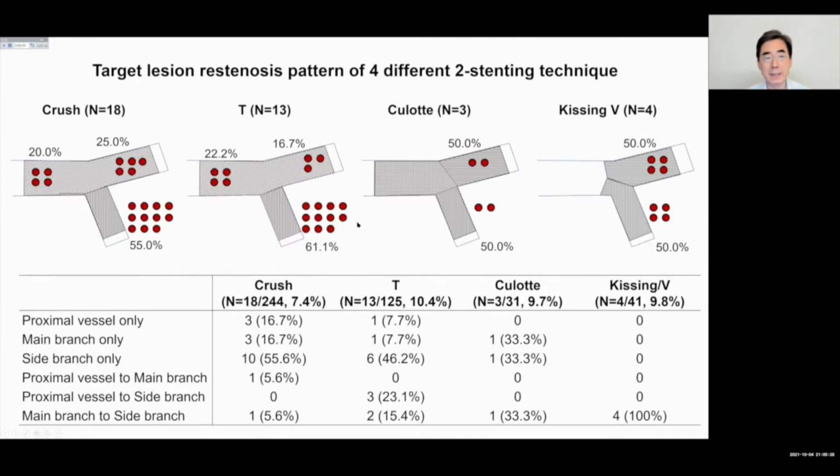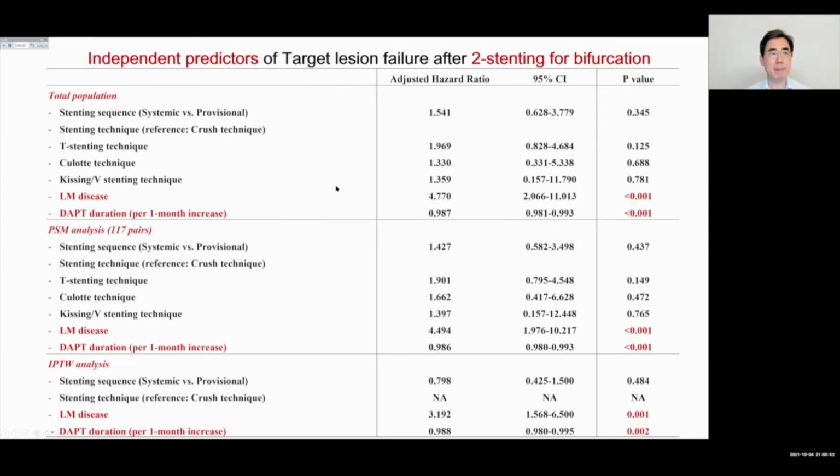Here is once again the site of restenosis. About half of the recurrence happened at the side branch. The remaining half is distributed through proximal or distal main vessels. Interesting finding: in crush or kissing restenting, the structure is similar between the 2 vessels, thus recurrence is shared by the 2 vessels.